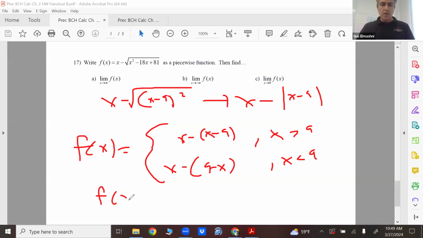If I continue working it out, it'll be positive 9 or 2x minus 9. And yeah, so now let's look at the other parts.